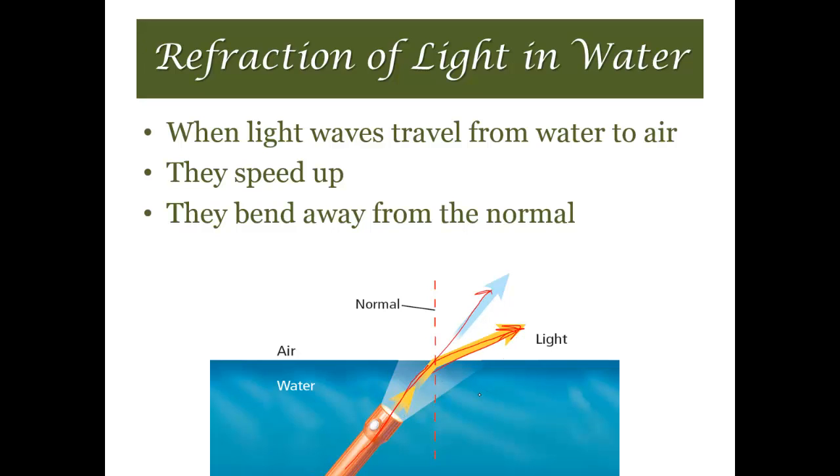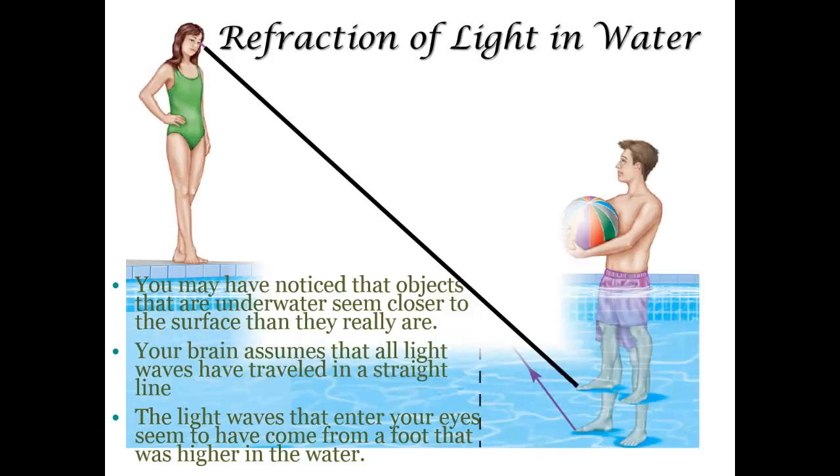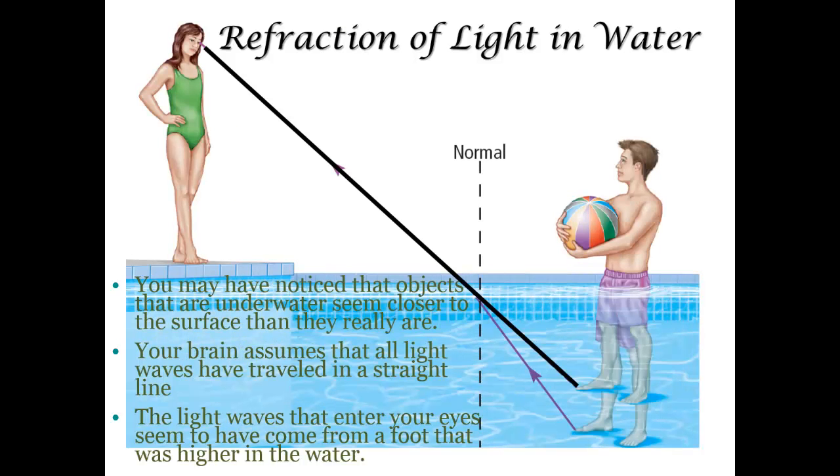It's because of refraction, too, that we have to be very careful when we go swimming, for example. When we look down, we think that objects are straight down. So, like when we look at somebody that's in a pool, we think that they are closer than what they really are.